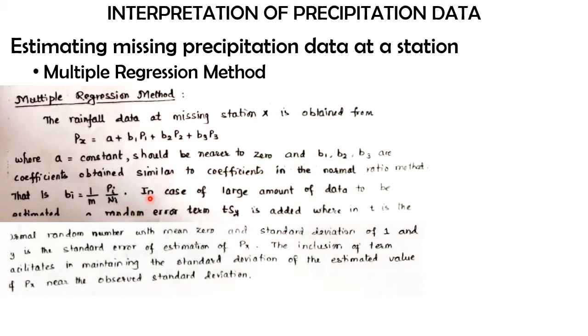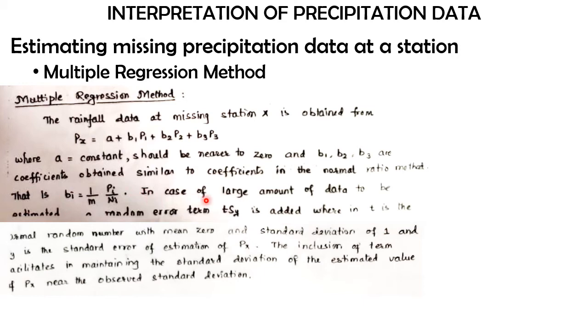In case of a large amount of data to be estimated, a median error term tsy is added, wherein t is the normal random number with mean 0 and a standard deviation of 1. I'll repeat this once again.